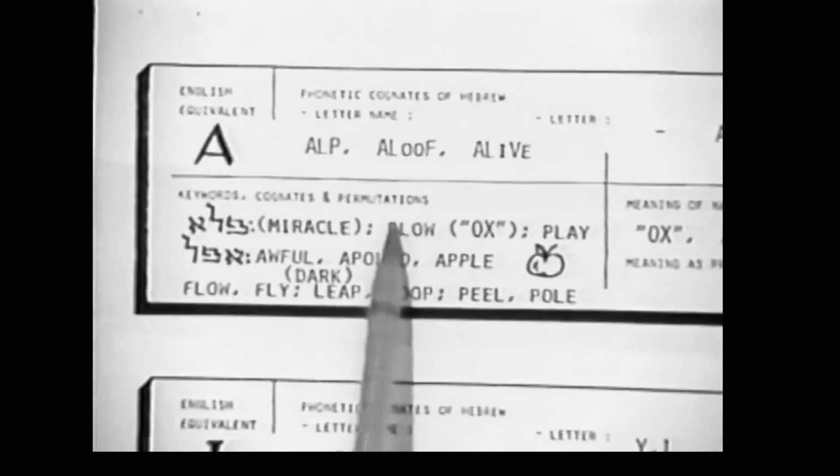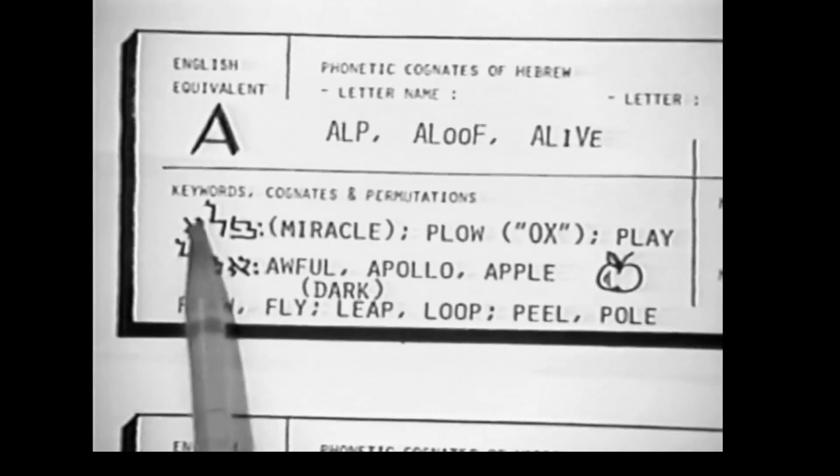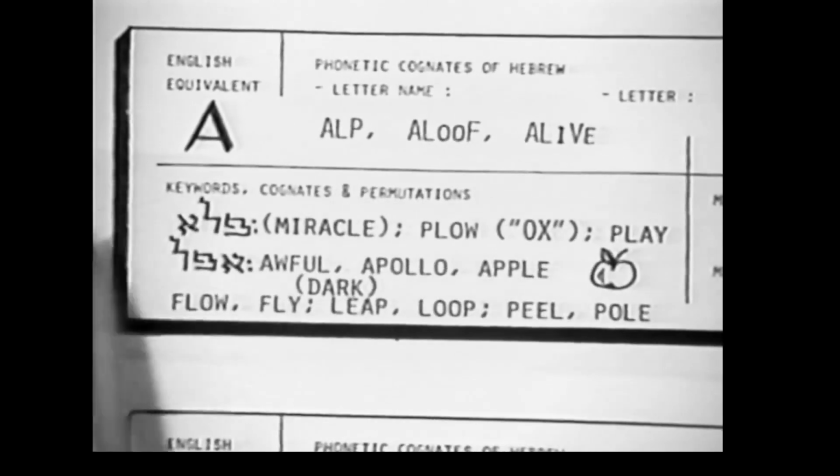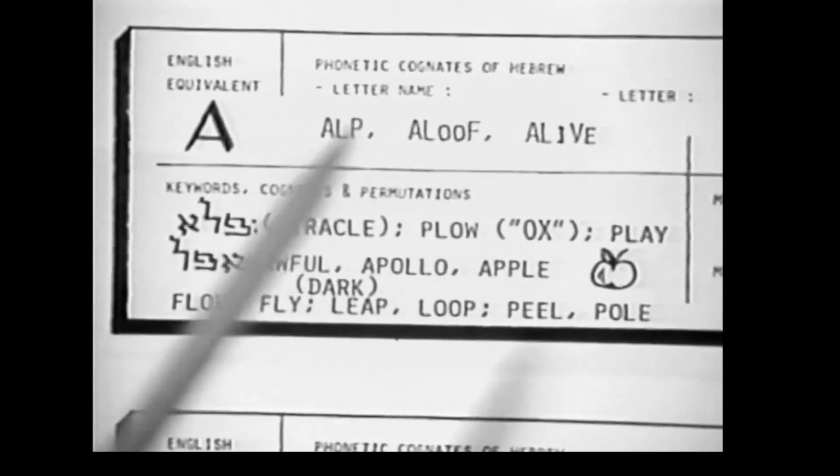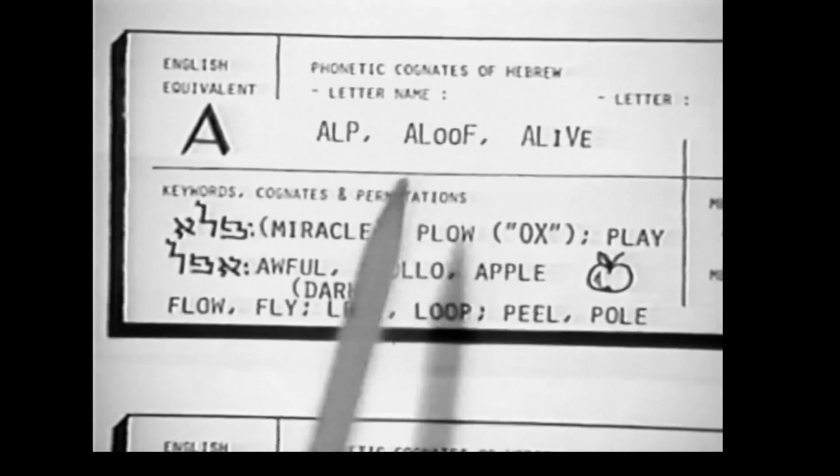Also, if we allow some permutations in the order of the letters, if this is A-L-P, Aleph Lamed Fe, then P-L-A, Fe Lamed Aleph, has a meaning in Hebrew. It means a miracle. Its cognate in English, the sound cognate, would be P-L and perhaps an O, a W to extend it. But plow, plow, that would be the connection to our sense of ox. I think that's one of the weakest associations on the whole table, but let's put that out anyway.